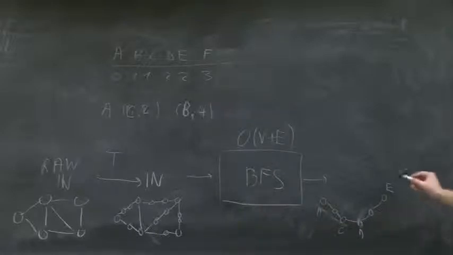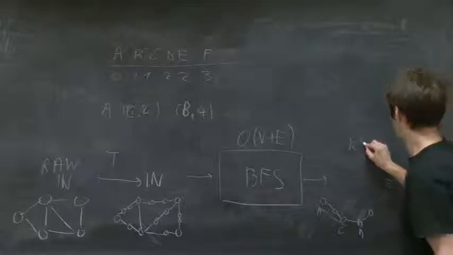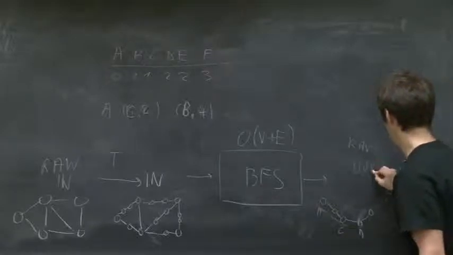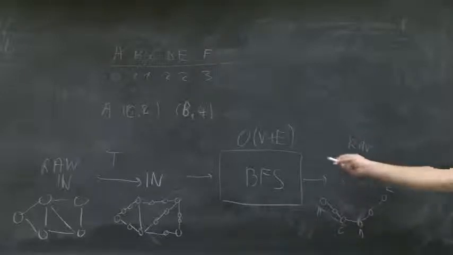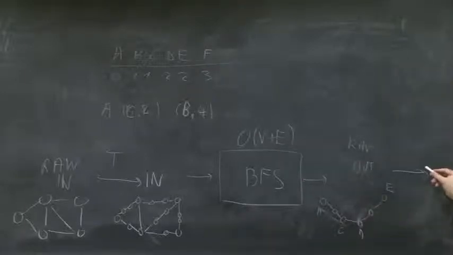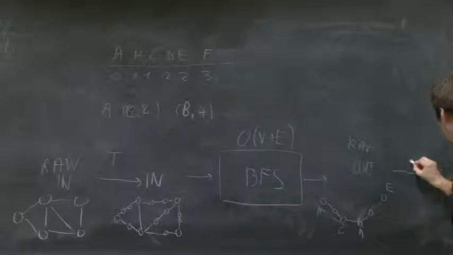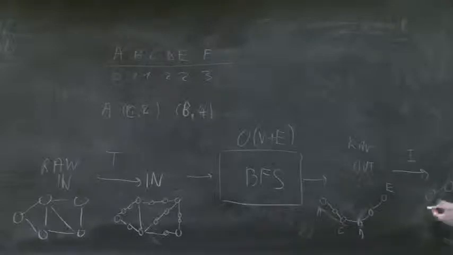This doesn't make sense. So you need to take this raw output and you need to transform it again. Based on what you did in this transformation, you have to read out the output. You have to interpret it. So this is either interpret or read out. And then you get a nice output. That's the output to your original problem.